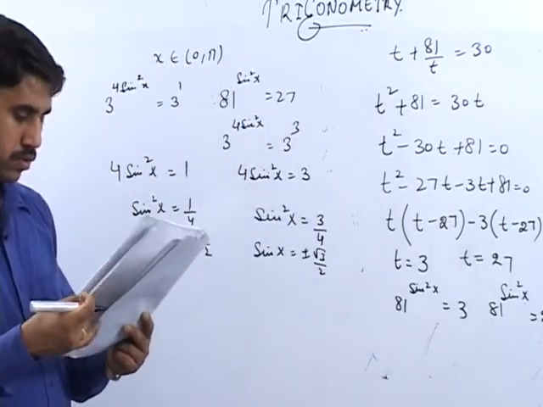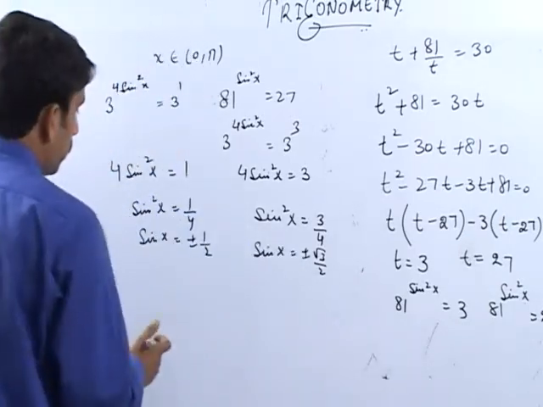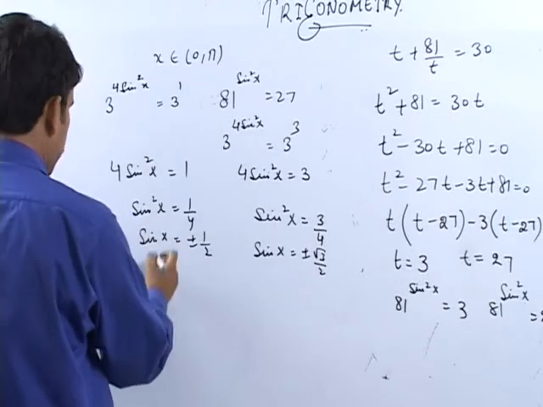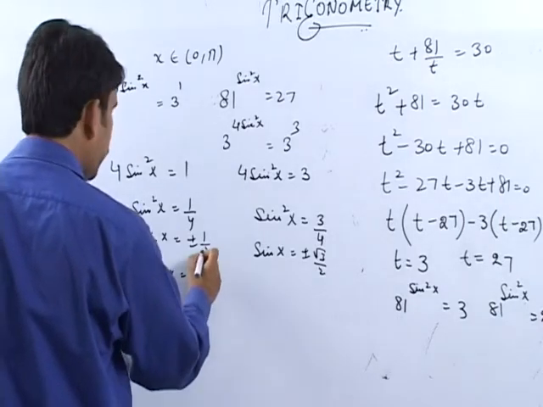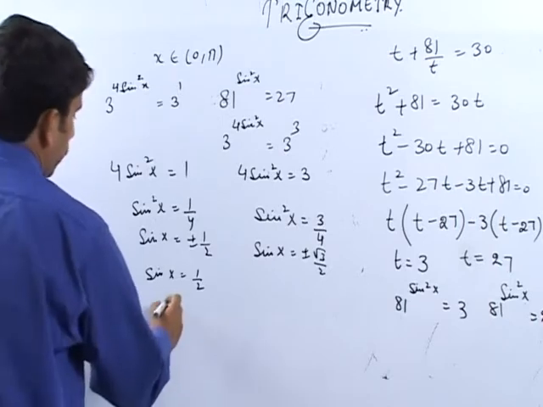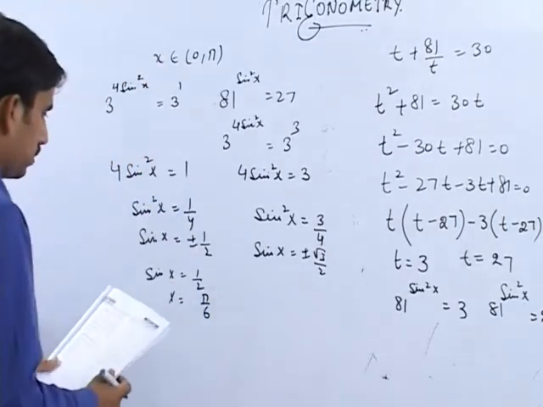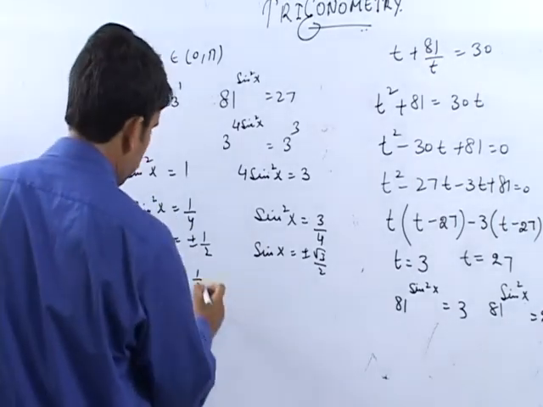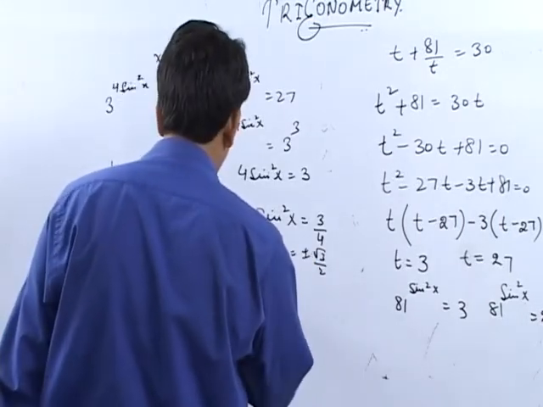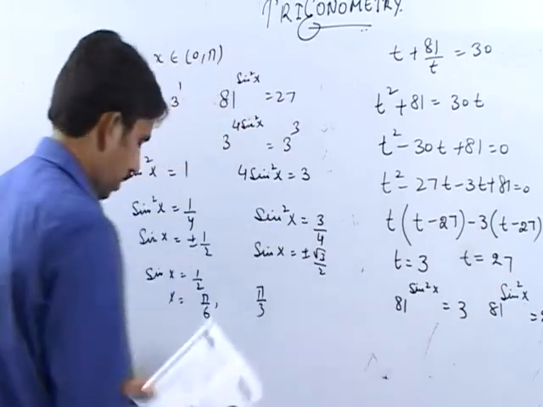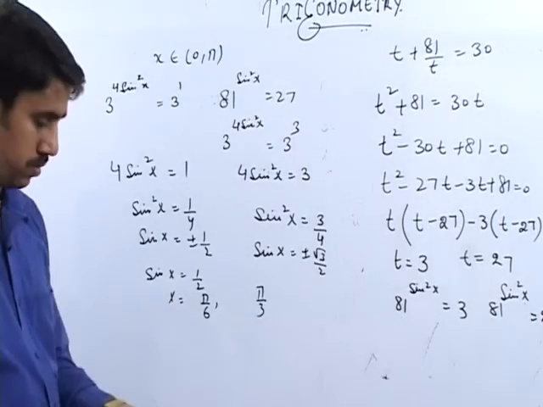Now since x should be between 0 to pi, therefore sin x is 1 by 2, and from here you can take x is equal to pi by 6, and negative cannot come here, and plus root 3 by 2 gives pi by 3. Out of these two, pi by 6 is in your option, so your answer will be pi by 6.